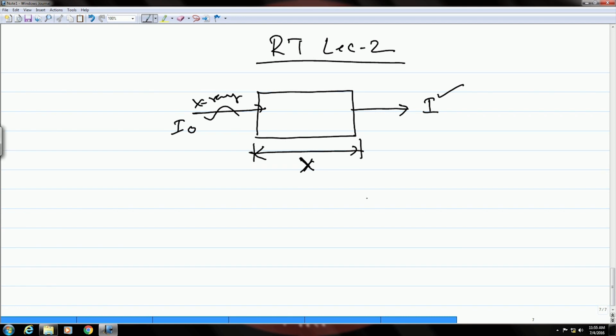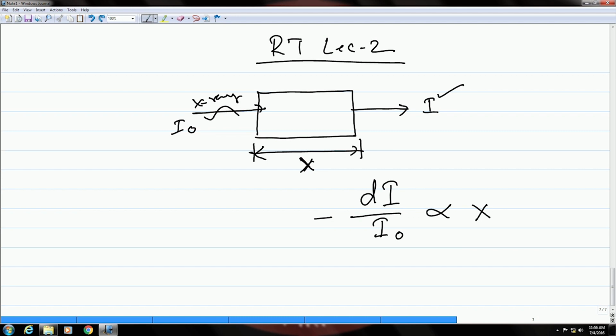So, this fractional decrease dI by I naught, and since it is a reduction, we will use the negative sign. This is proportional to the thickness or the distance that the X-rays travel through.